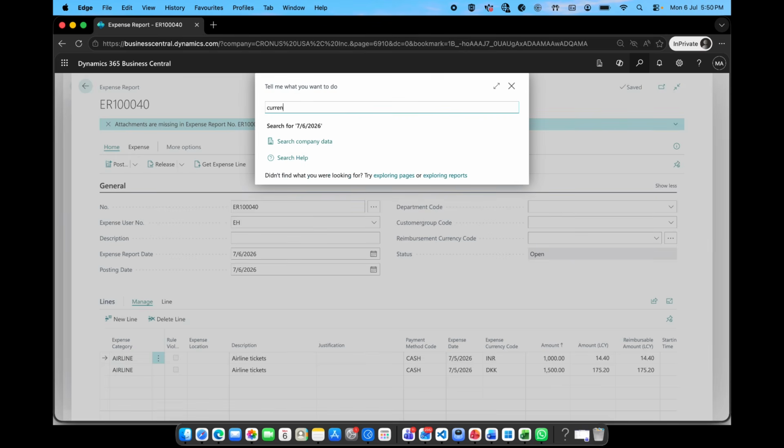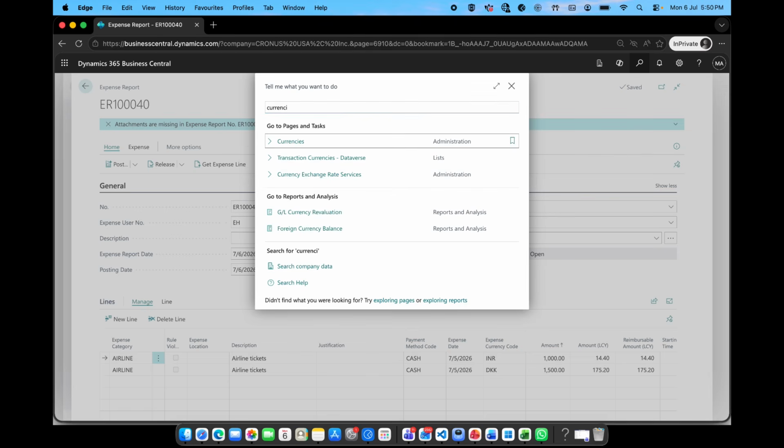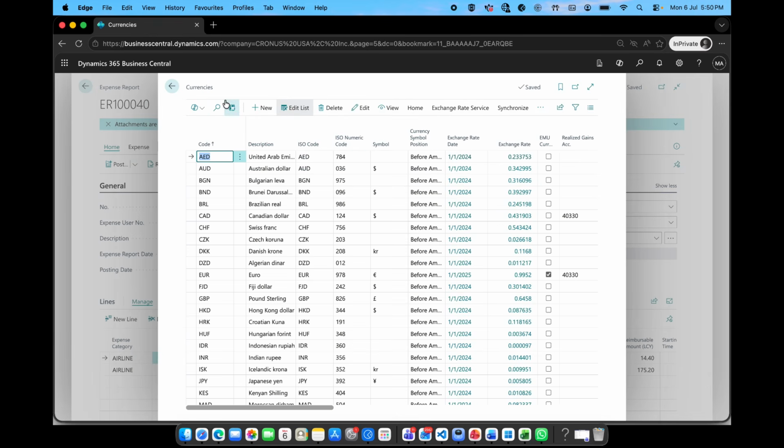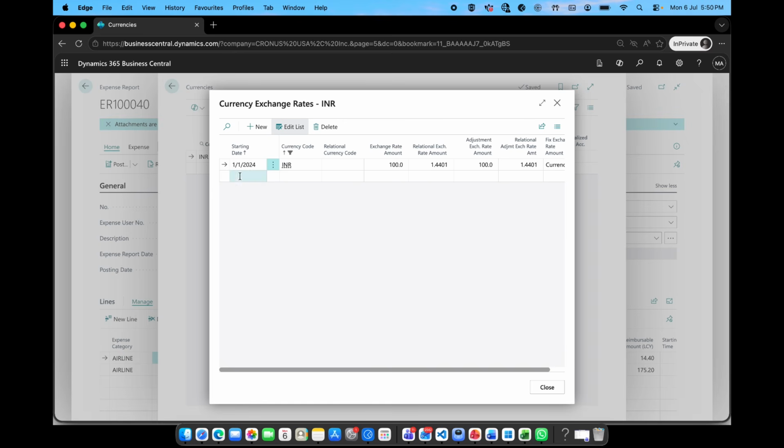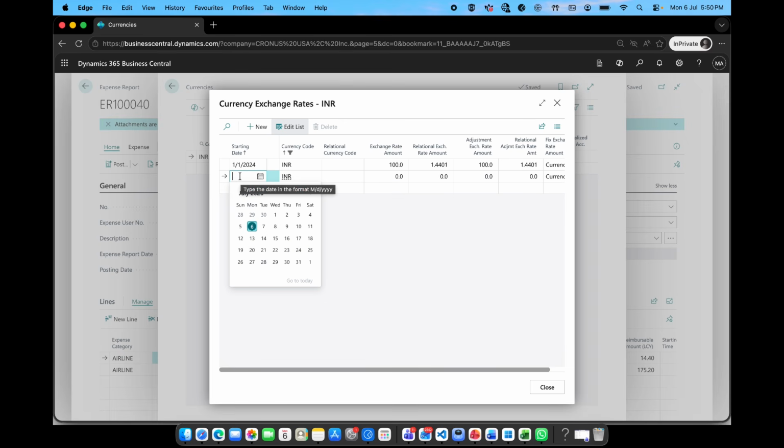And before that, because I need to see some currency exchange rate difference as well, I'll go INR, I'll go here. Okay, so up until that point, the rate was that. So what I'm going to do is that for today's date, I'm going to change this to, let's say, 1.5.